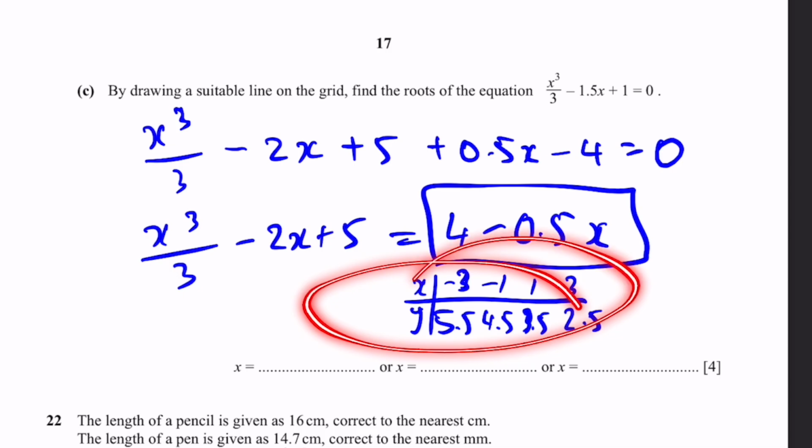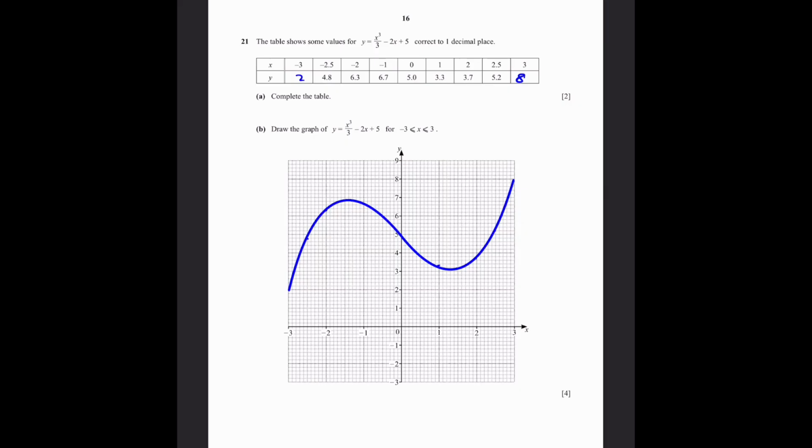Now we can mark these points which we found. So minus 3, 5.5, minus 1, 4.5, 1, 3.5, and 3, 2.5. Now we can just draw a line connecting these, and then we can find the intersection points.